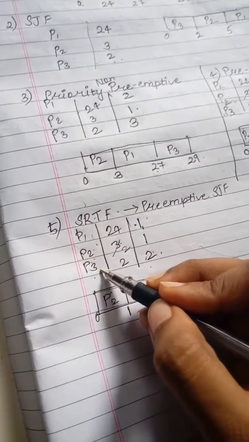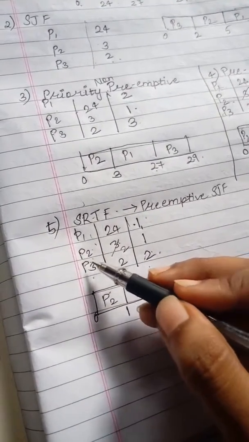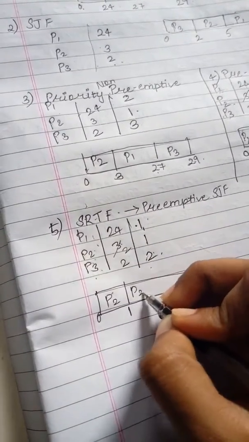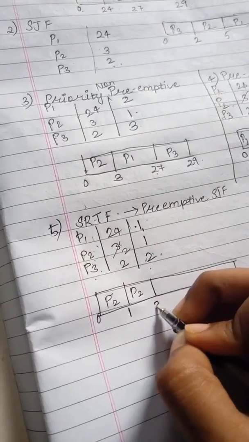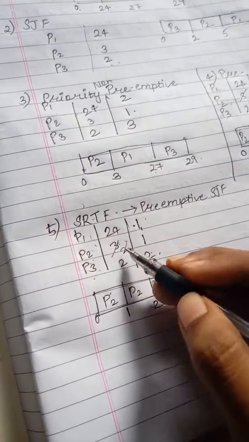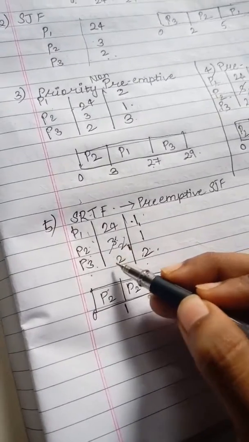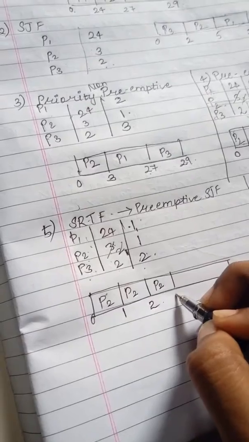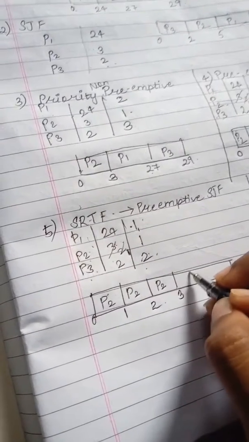Now they are having equal burst time, so we will go in a FCFS fashion. P2 has arrived first, so P2 for 1 millisecond. So this will be cut, become 1. 1 is less than 2. So we'll again execute P2 for 1 millisecond.